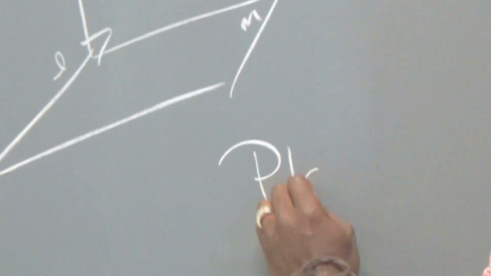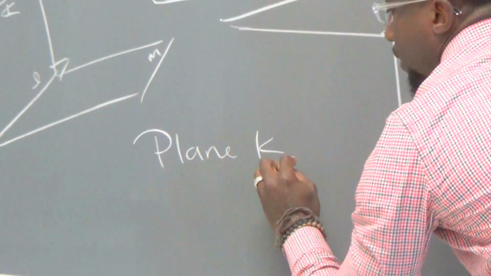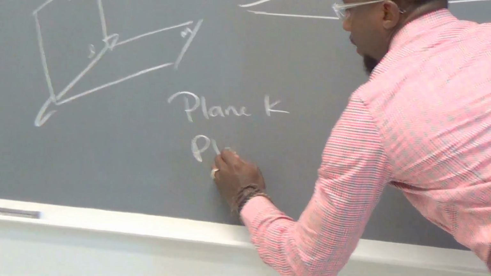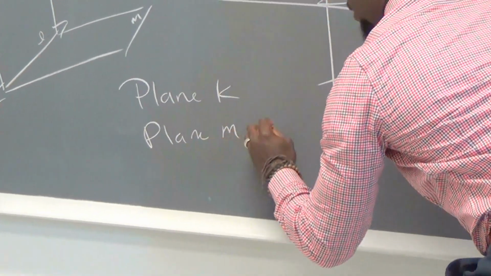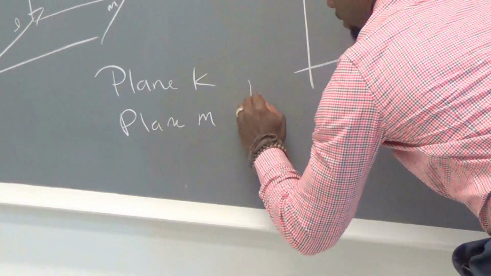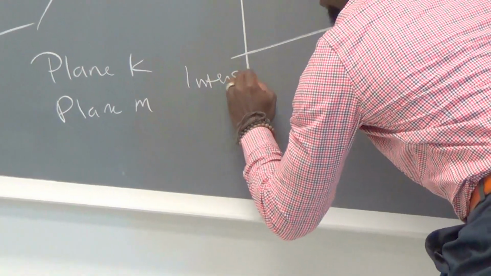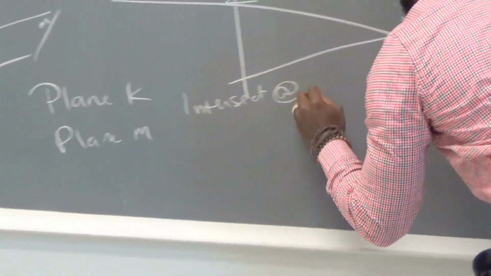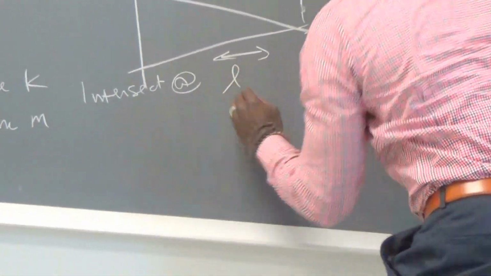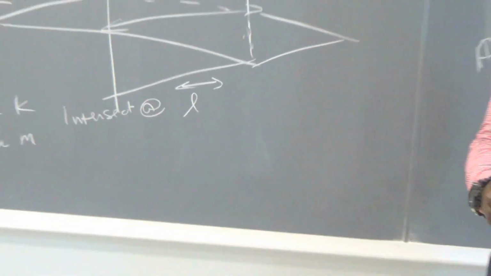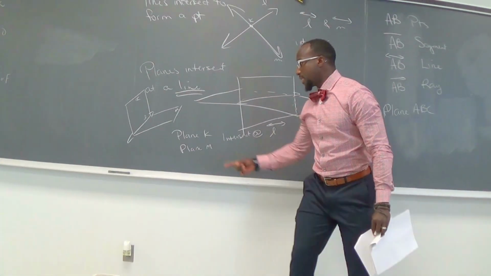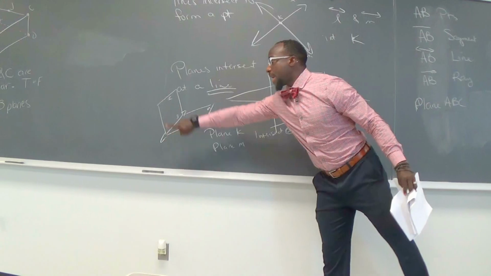So to write this out, we would say plane K and plane M intersect at line L. Notice how I identified everything by telling its name. Plane K, so we know it's that.